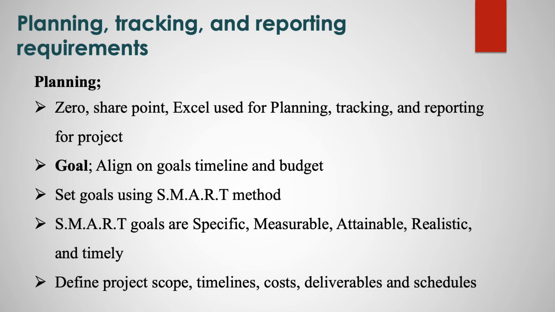So the requirement management plan actually has three phases: planning, tracking and reporting the requirement. For planning, we use some tools like Jira, SharePoint, Excel. By using these tools you can plan, track and report the project. So what is the goal? Align on goal, timeline and budget.